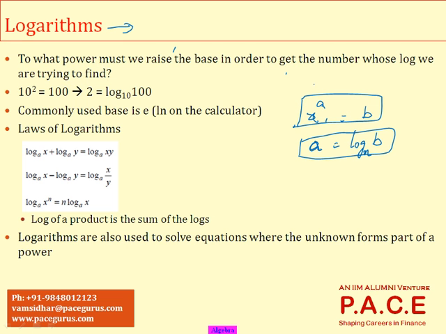So what it is telling me is that the power is an important aspect in the logarithm: to what power a particular number needs to be raised. So when I say 10 squared equals 100, we can simply say 2, which is the exponent, is equal to log 100 to the base 10.